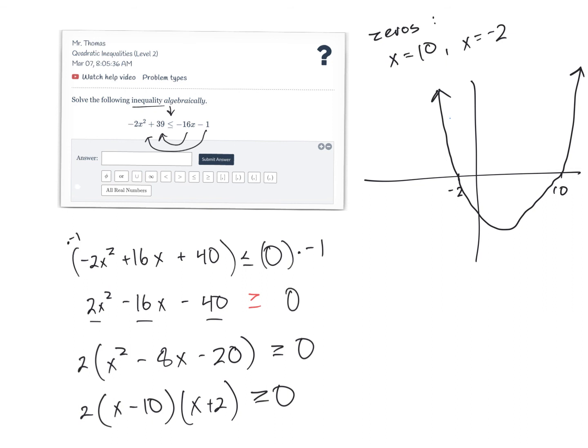So again, if it's above the x-axis, we're talking positive, greater than 0. If we're underneath the x-axis, it's negative. So now we're able to answer the question, solve for greater than 0. Where is it greater than 0? Where it's positive. So negative infinity to -2.